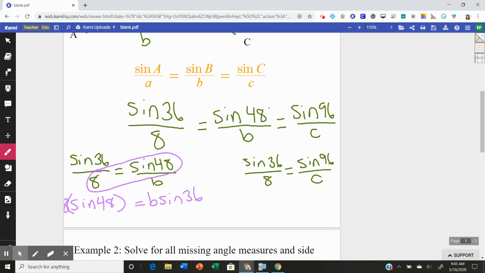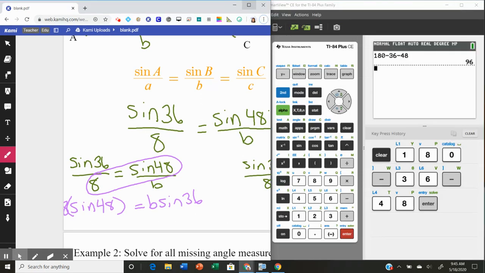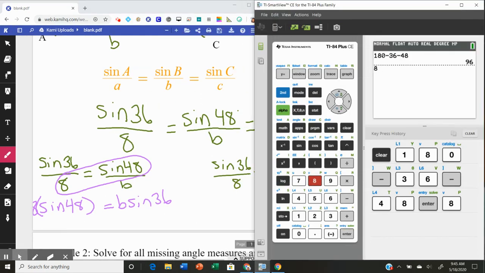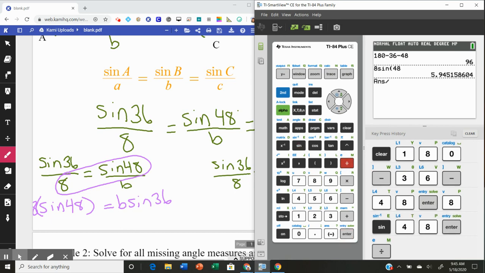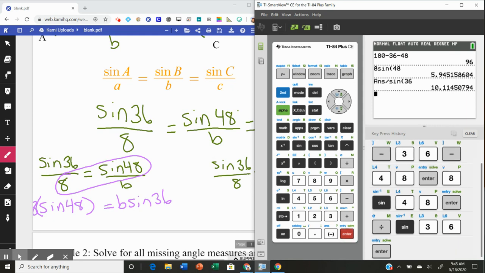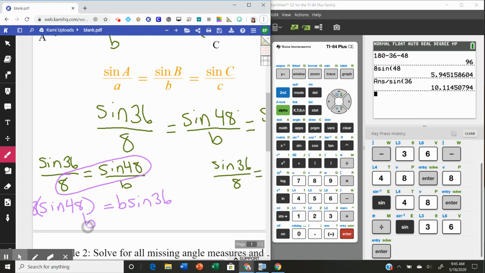So in my calculator, if I take 8 times the sine of 48, enter, and divide that answer by the sine of 36, I get that B here has a length of 10.11. So B is about 10.11.